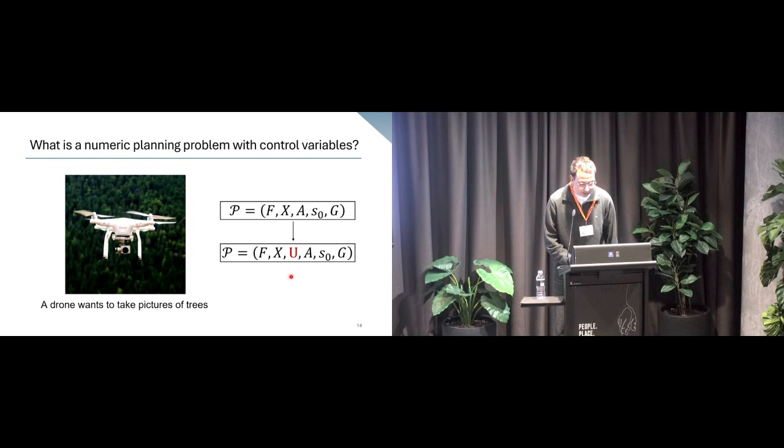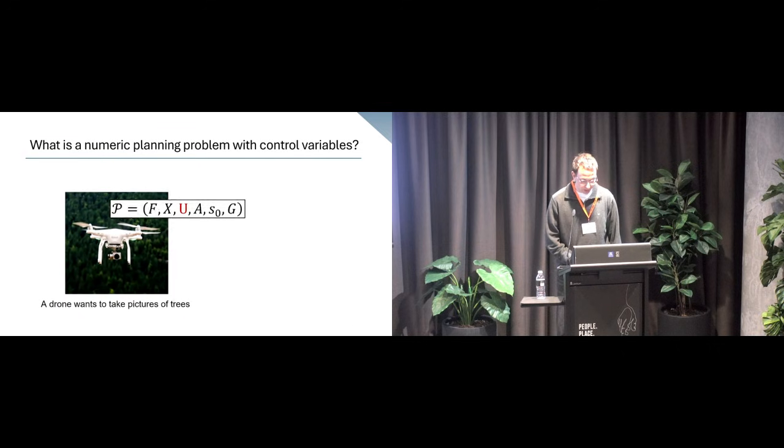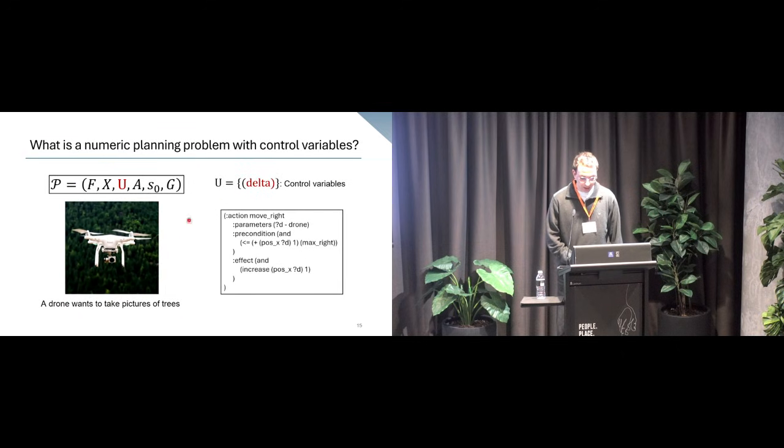We only need to add a new set, which is the set of control variables. Then for every action of the domain, for instance the move right action of the drone, we would need to define beforehand how much we want the drone to move in numeric planning.